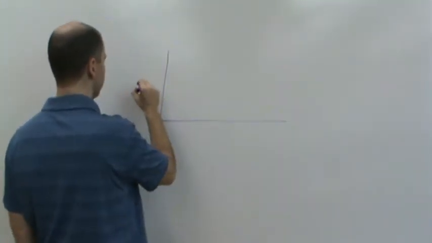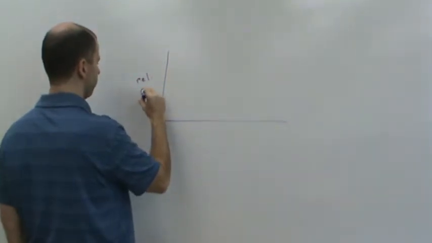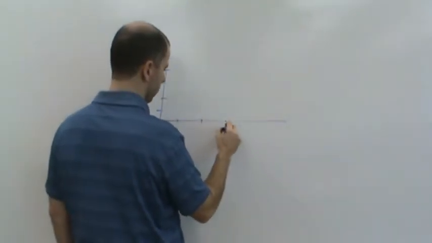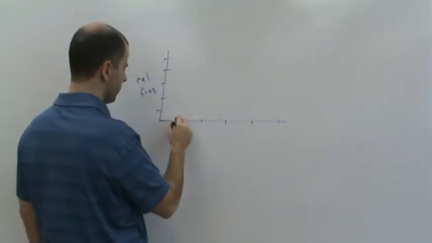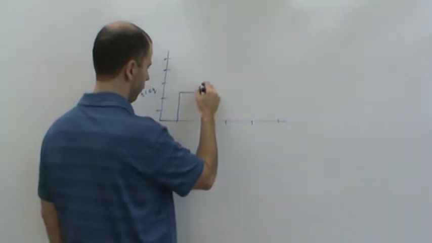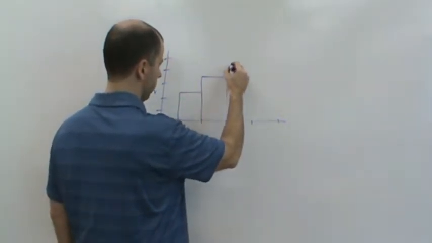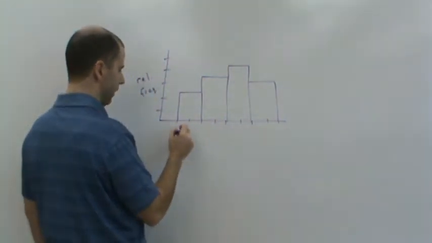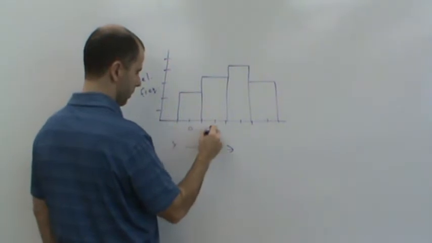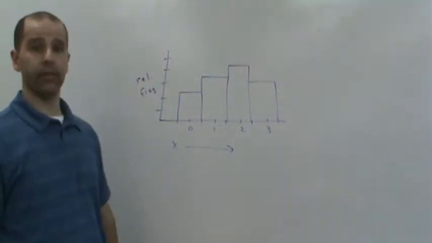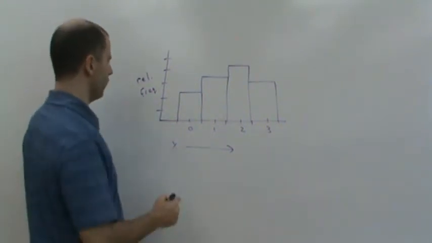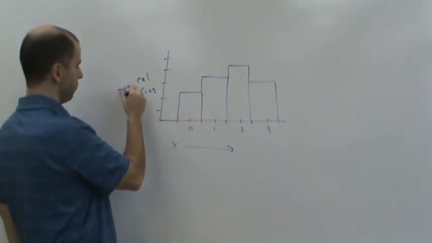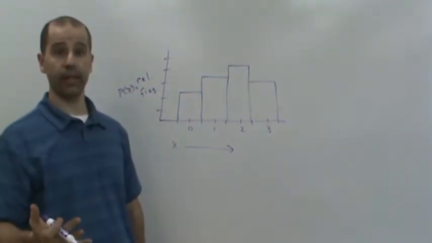If we have probability over here as relative frequency, and we have this histogram, and let's say we have the values of x, the heights of the bars are just the relative frequencies, or the probabilities.